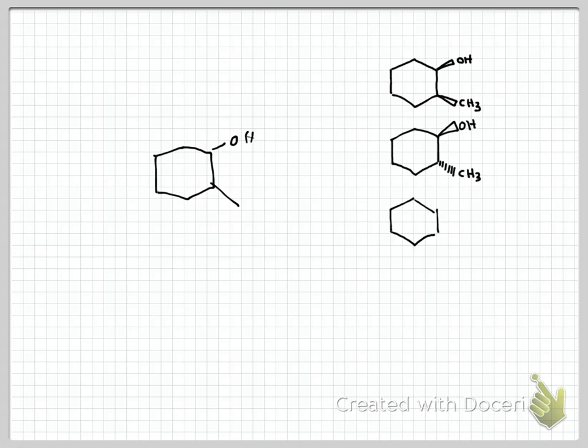The OH in the back, and then the CH3 in the front. So now I kept the OH in the front here, and then I moved the other one back. Now I move the OH to the back and put the other one to the front. What's the last combination? Both of them back.